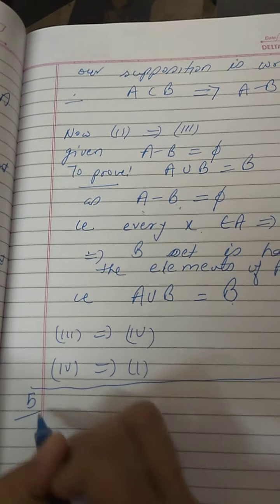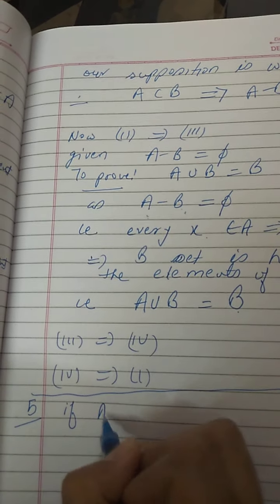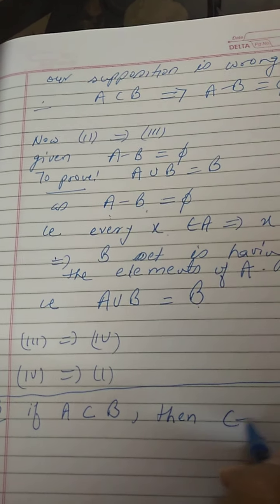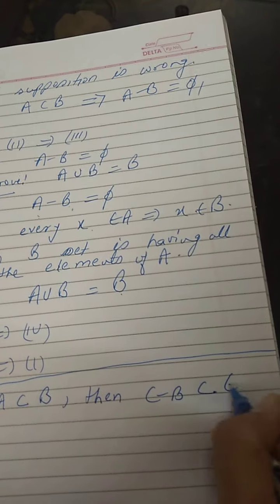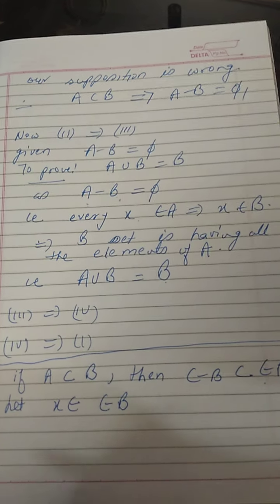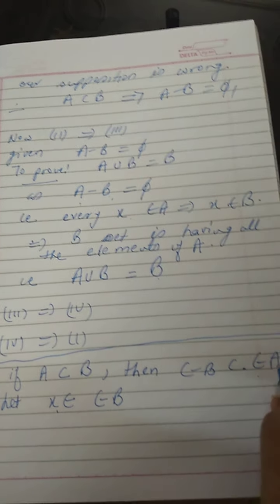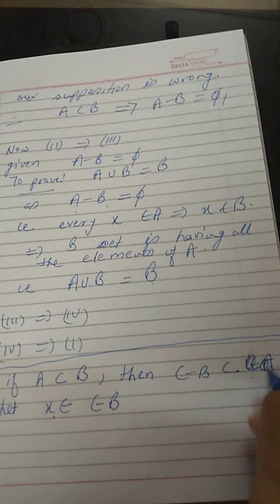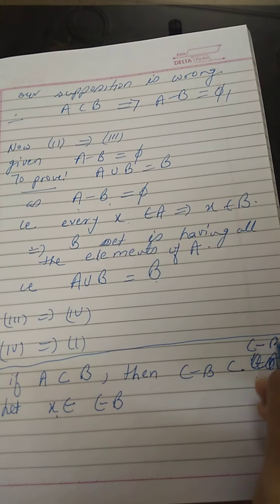Since we have to prove that C minus B is a subset of C minus A, let us take an element X belonging to C minus B, right? And if I prove this X is present in C minus A also, then the sum is done. C minus B is a subset of C minus A.